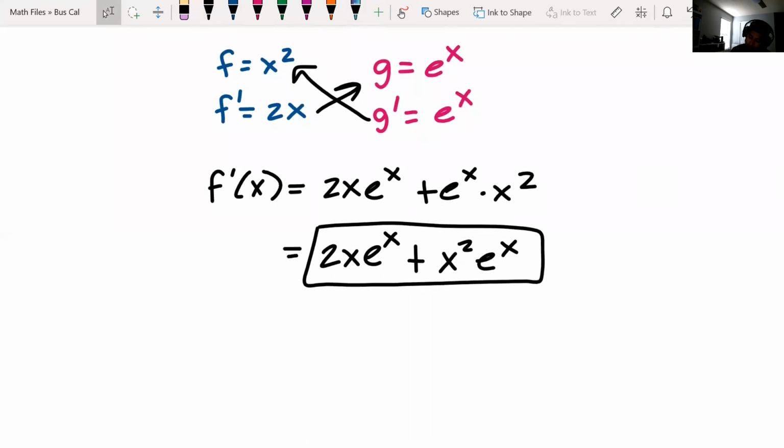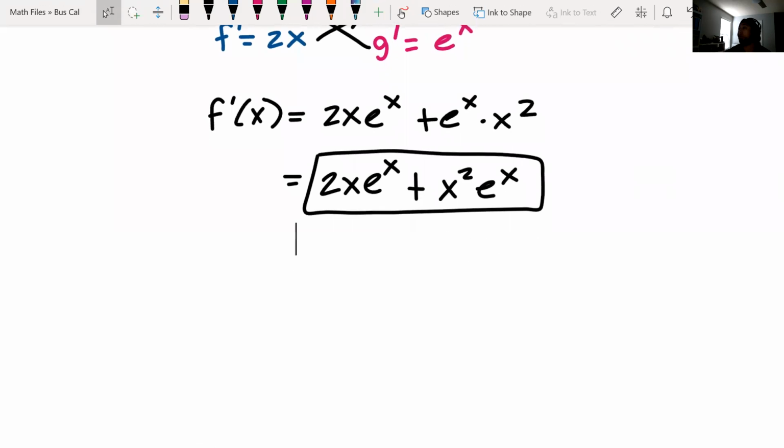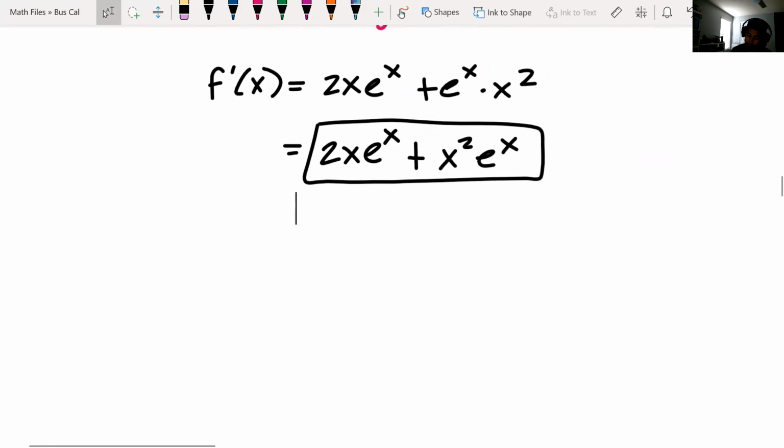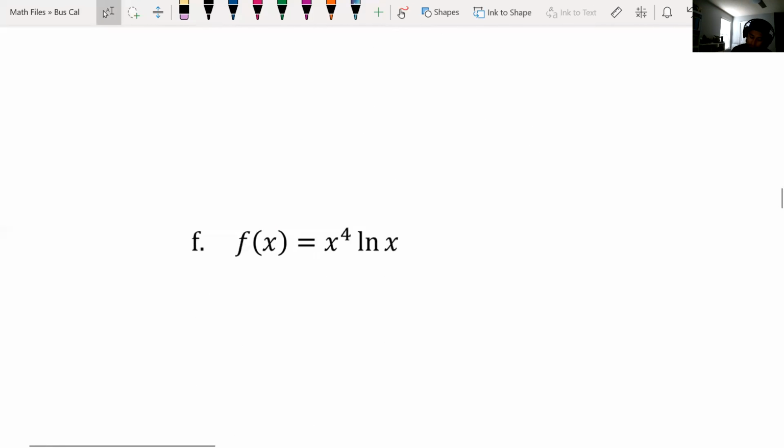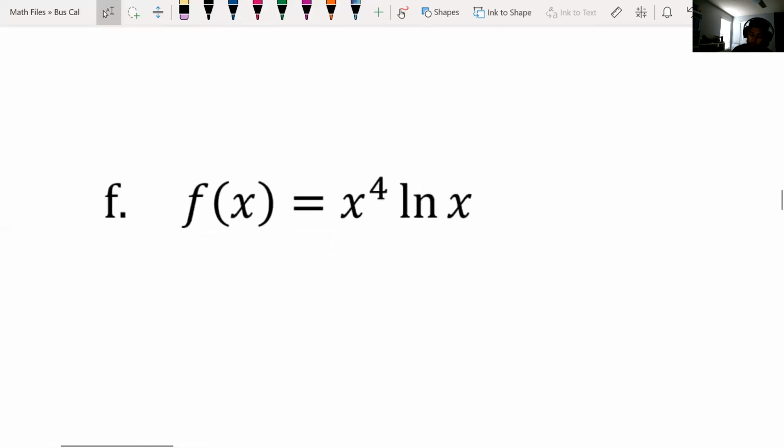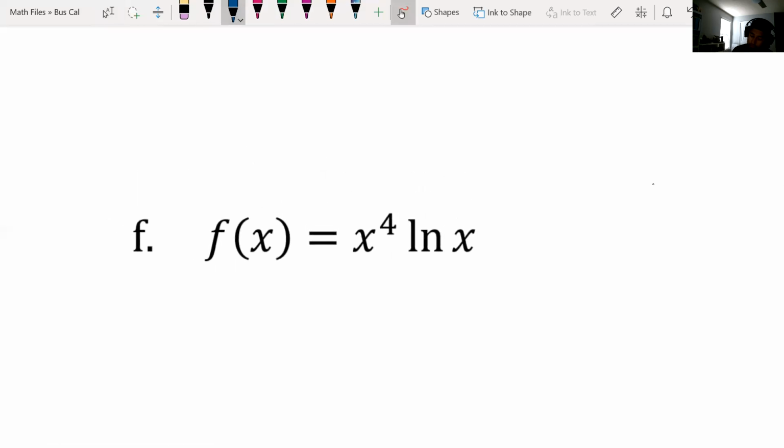All right. Last one. This is the last one for product rule. All right. So here's going to be f. F is x to the fourth.